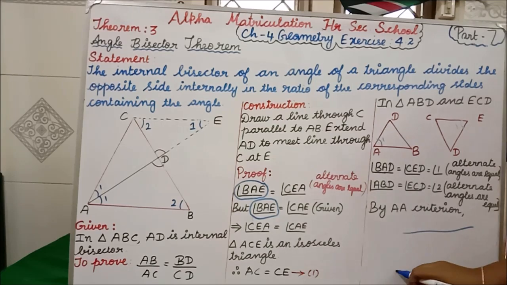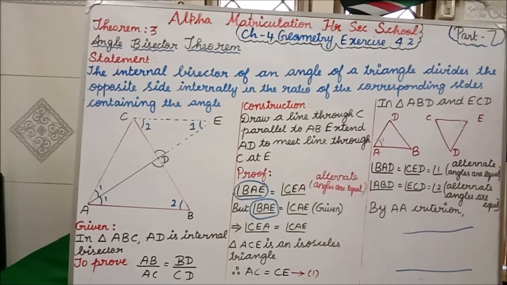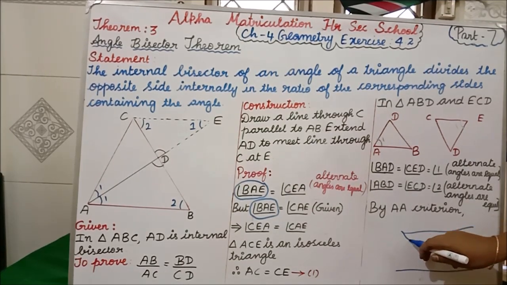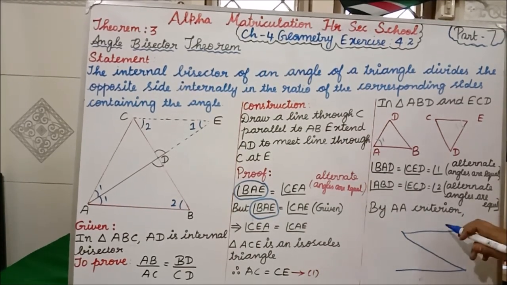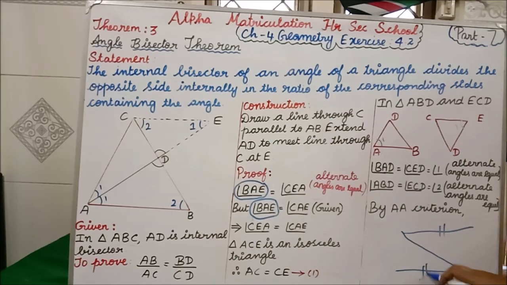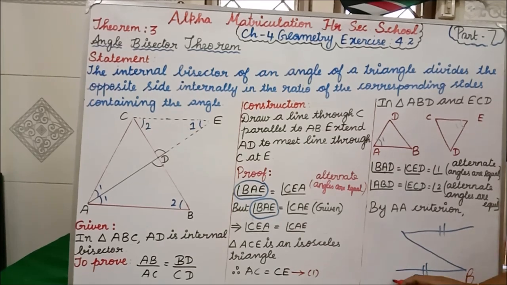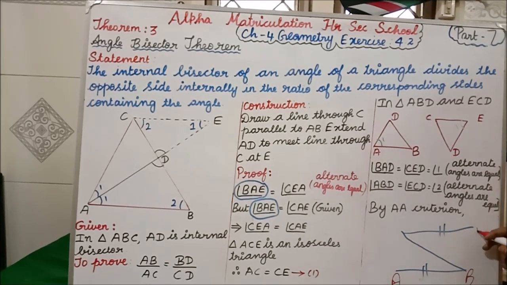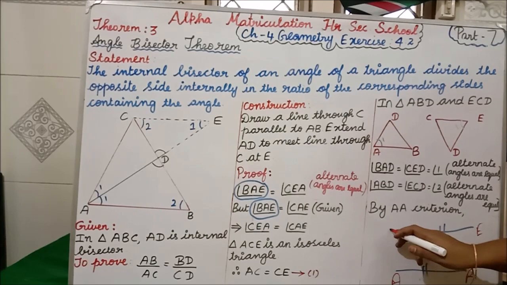These two are what? Parallel lines. The line intersecting the two parallel lines is what? A transversal line. So we all know these two lines are parallel lines. Now I am giving names. Here we have B, here we have A, here we have point E and here we have point C.